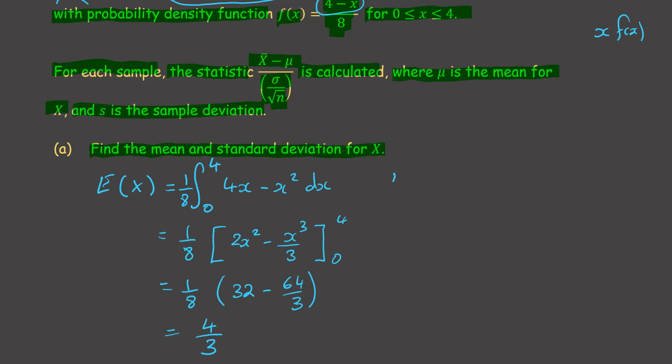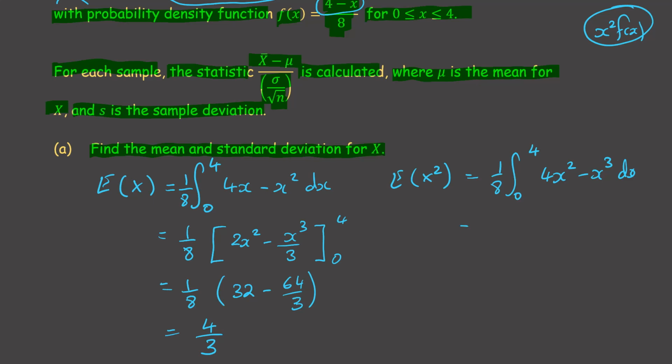Now, to get the variance, we'd like the expectation of x squared, which is the integral of x squared f(x). So that's going to be 1/8 times the integral from 0 to 4 of 4x squared, take away x cubed dx.